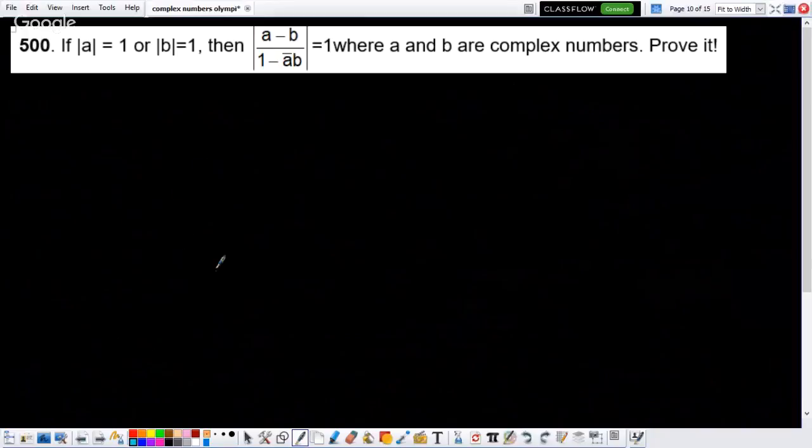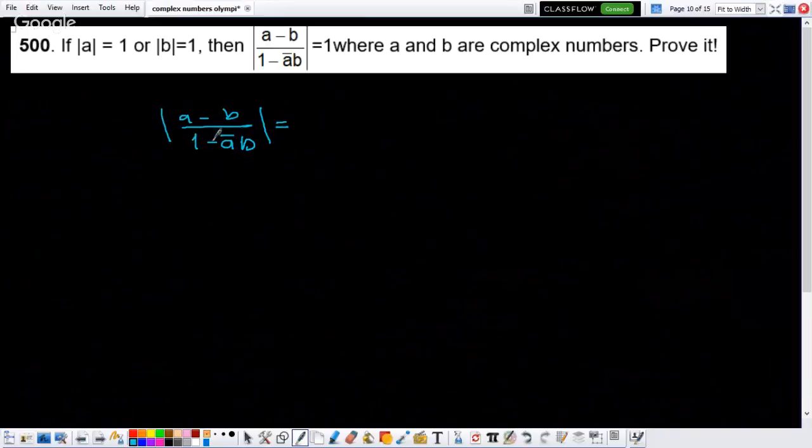Okay, here we are going to try to understand what is A minus B, here A, 1 minus A conjugate times B. Firstly, I'm going to replace this one with one of them here.